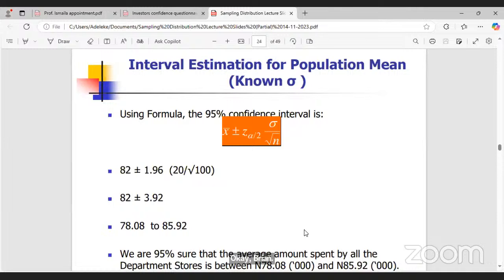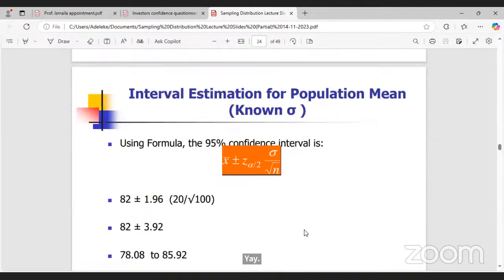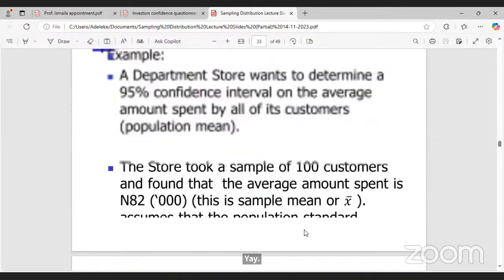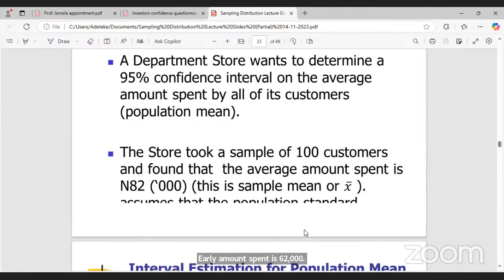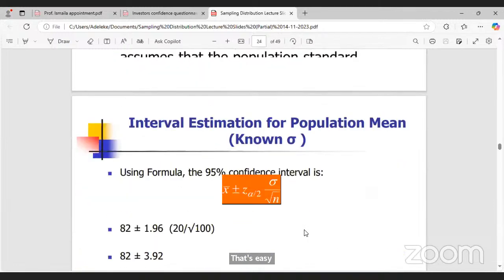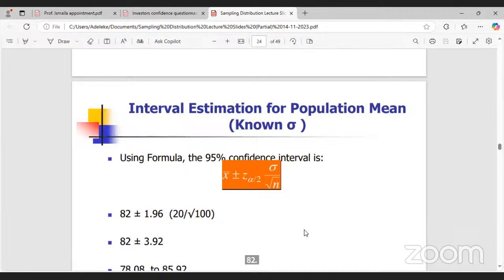In the question, we were told that the average amount spent is 82,000, but in the solution, 82 is written. The average amount spent is 82,000. Look at it on the screen. If the Z table is 2 decimal points, would that be 0.03?